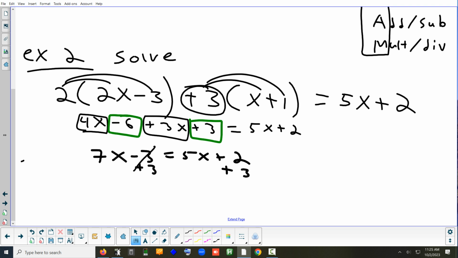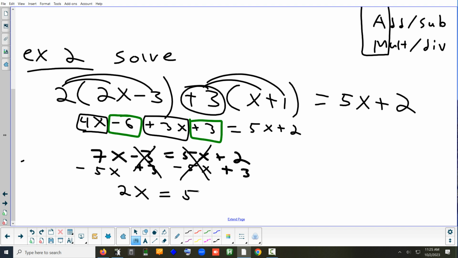That's going to cancel those. And subtract the 5x at the same time. That's going to cancel those. Okay. What's on the left side now? 2x. And the right side is 5.